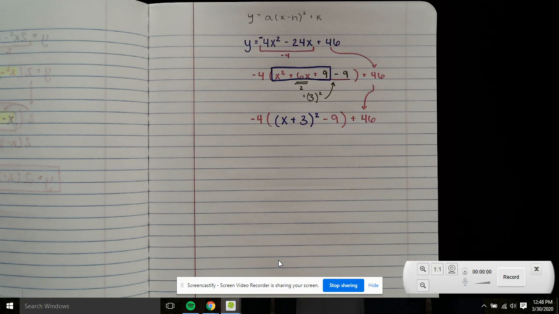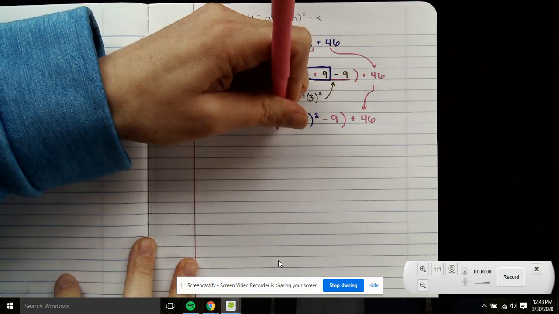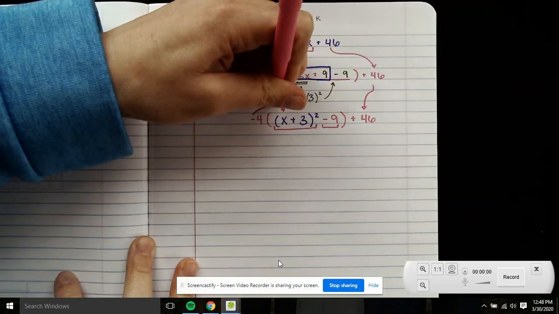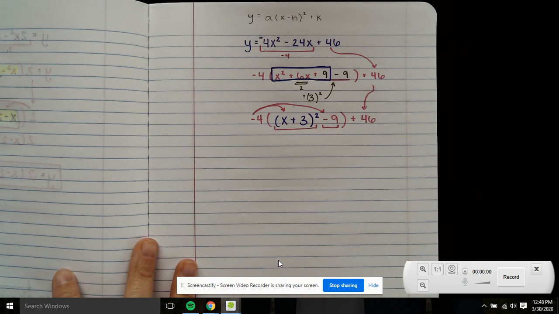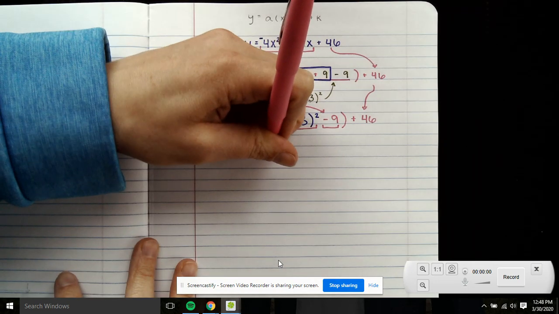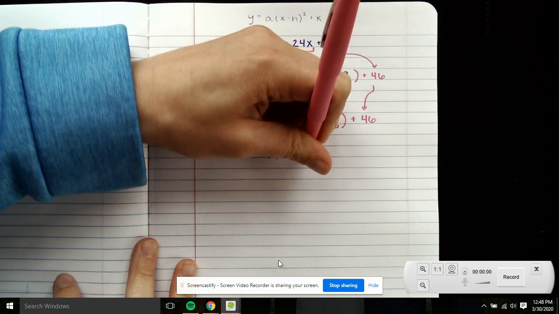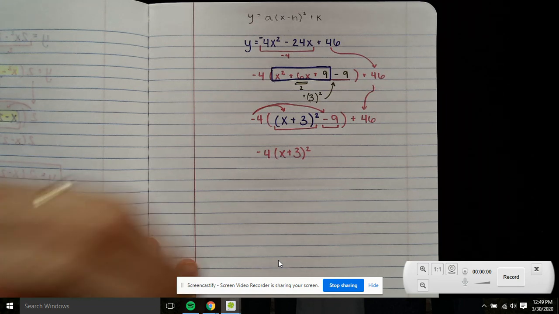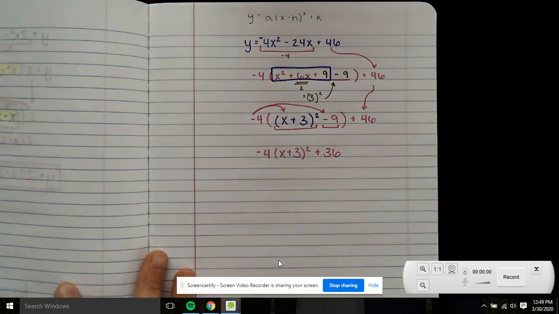So now what I want to do is distribute this -4. Remember, this is a term, x plus 3 squared, and then I've got -9 as my other term. So I end up having -4 times x plus 3 squared. And then -4 times -9 gives me positive 36.